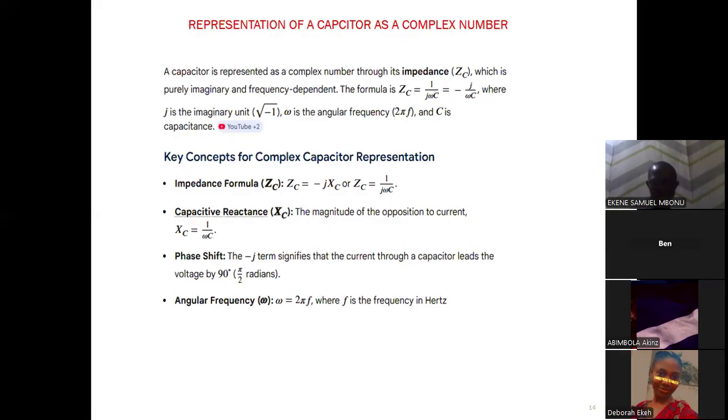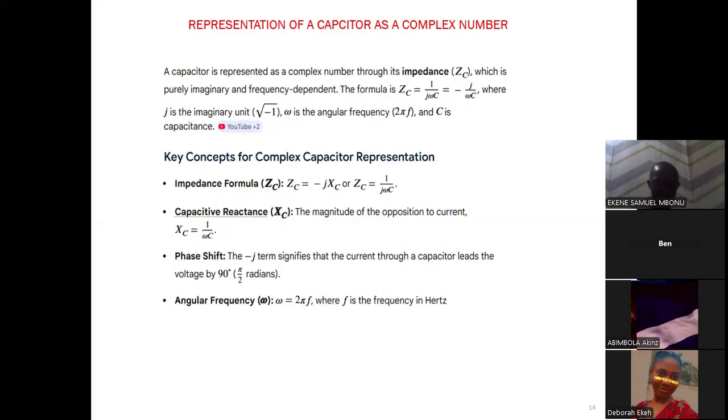So the impedance formula is ZC equal to minus jXC. Capacitive reactance, the magnitude of opposition to current, is XC equal to 1 over ωC. The phase shift, the minus j term, signifies that the current through a capacitor leads the voltage by 90 degrees, that is π/2 radians.